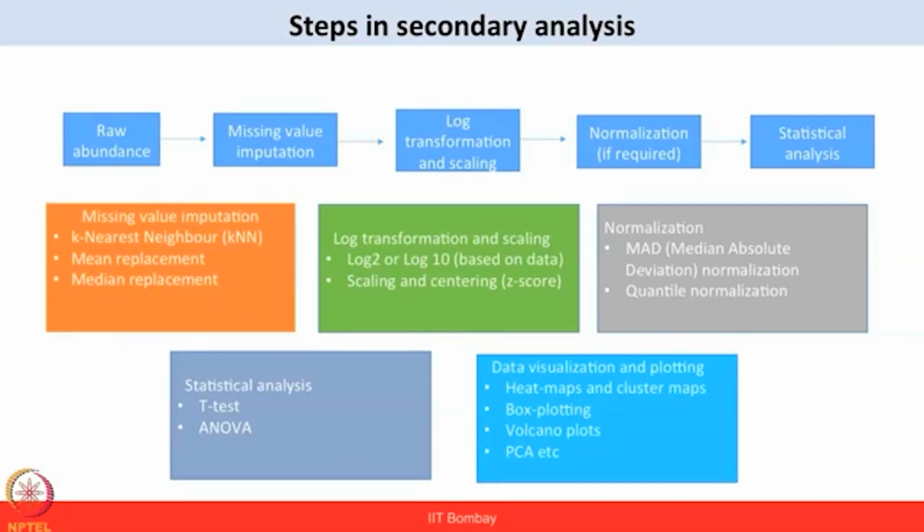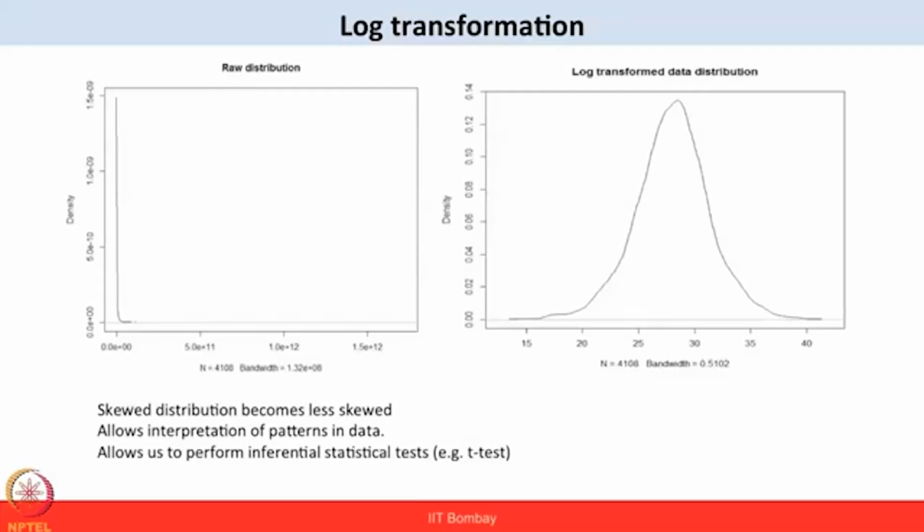These things will be covered in this lecture, and finally comes the data visualization and plotting. In data visualization and plotting, we can draw heat maps or cluster maps, box plots, volcano plots, etc. So, this is the overview of the secondary analysis that we are going to talk about. Now, coming to the first step.